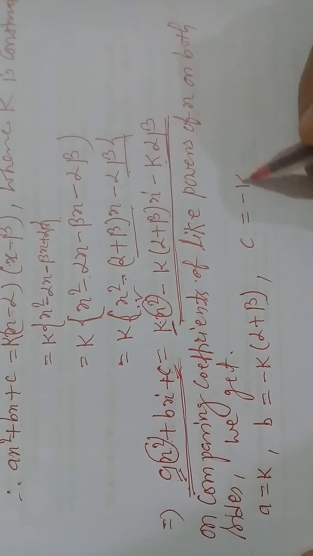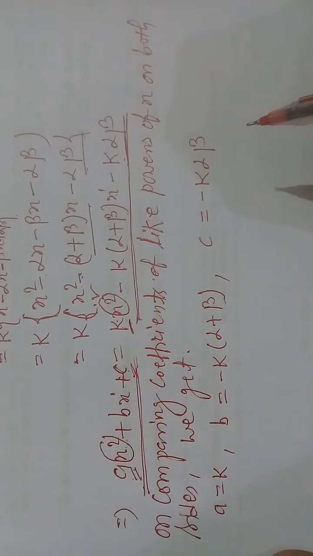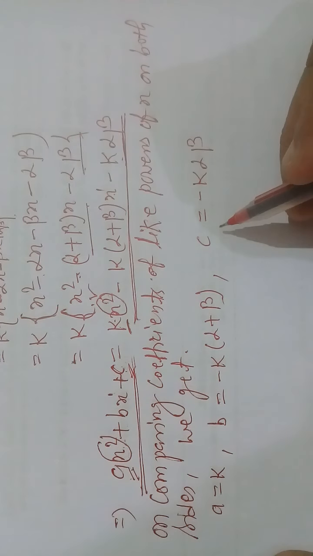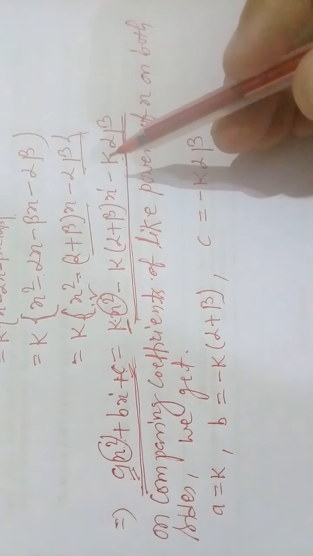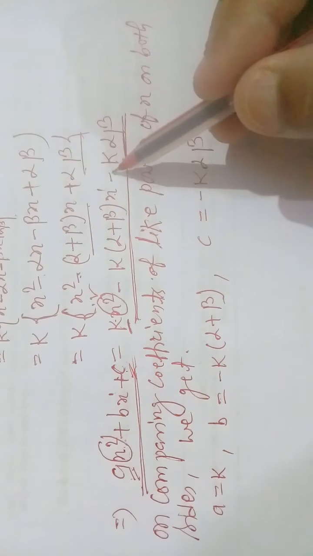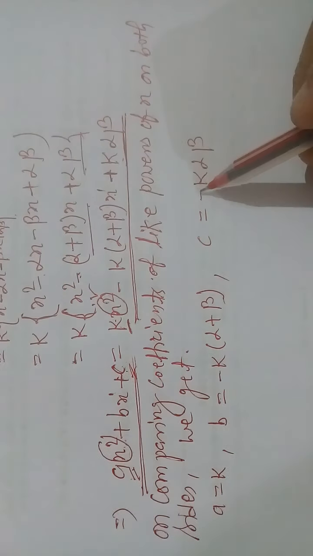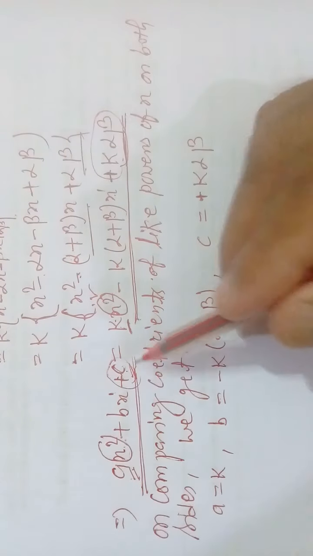It means c is equal to k alpha beta. Here is a mistake: when we multiply minus beta by minus alpha, it gives plus alpha beta, so here also plus. This constant is equal to this constant.